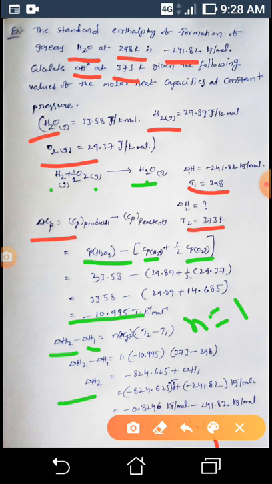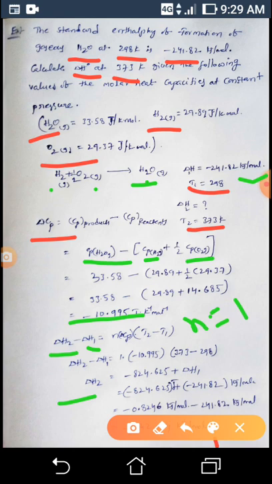Now we will convert into kilojoules. When converted, it is minus 0.8246 kilojoule per mole. Now ΔH1 is taken to the right side: ΔH2 equals minus 0.8246 plus ΔH1, but ΔH1 is minus 241.82 kilojoule.